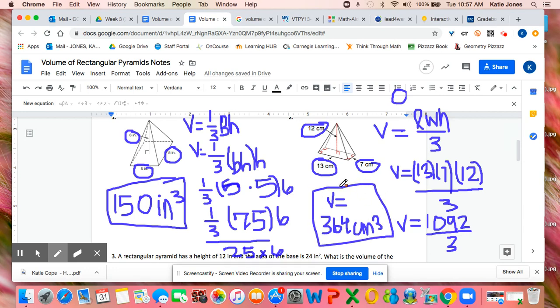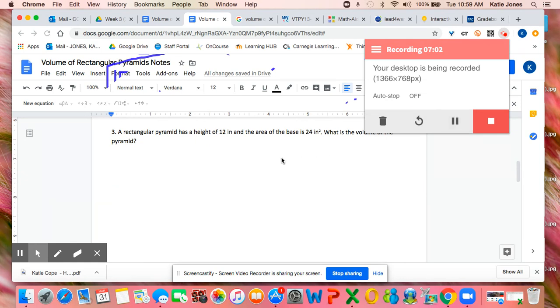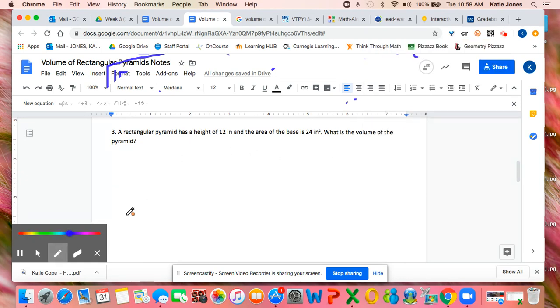All right, and that's all it takes to solve for the volume. And then we have one on the bottom where it's asking for the volume, but it gives you words and not a picture. Okay, so the word problem says a rectangular pyramid has a height of 12 inches and the area of the base is 24, and we are looking for what is the volume.